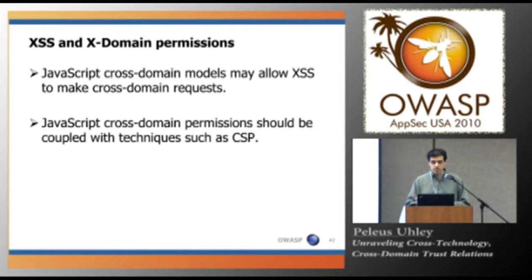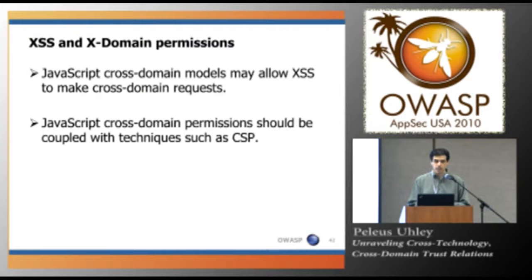So if you're going to use the JavaScript cross-domain permission models, you obviously want to check for cross-site scripting on your site, because any place where there's cross-site scripting, it may be able to take advantage of the permissions that are established for XHR requests. And in general, you would also want to couple the techniques with things such as content security policies.